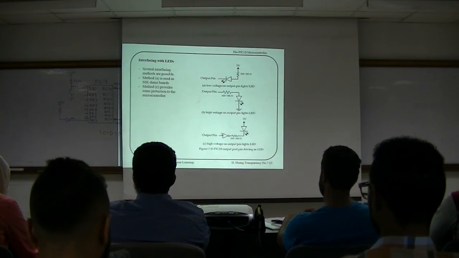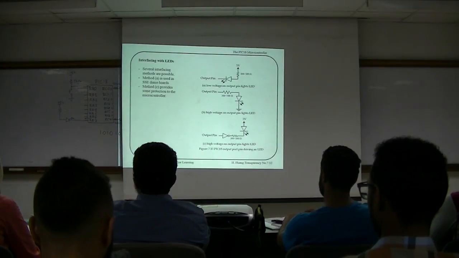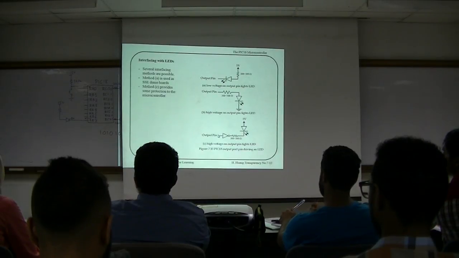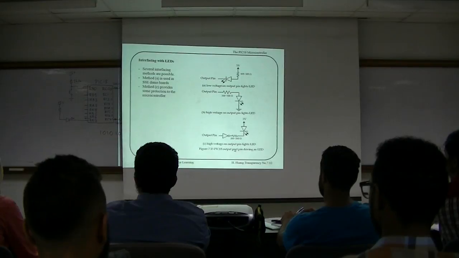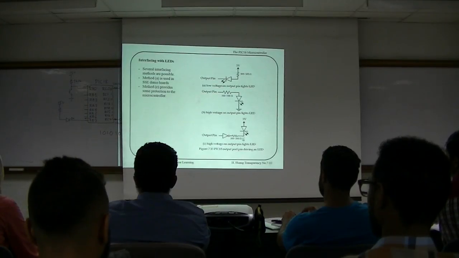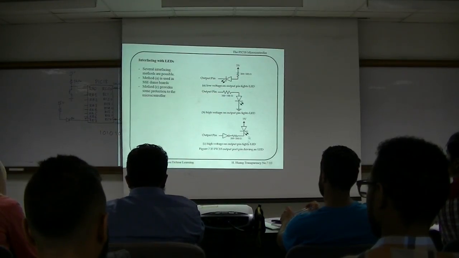Since we are so used to thinking that 1 is on and 0 is off, if you still want to stick with that convention, you can use a NOT gate. That means whenever you supply logic 1, the NOT gate automatically gives logic 0, which will turn on the LED. So that's 3 methods, and there could be more. There are a few ways of interfacing with LEDs.